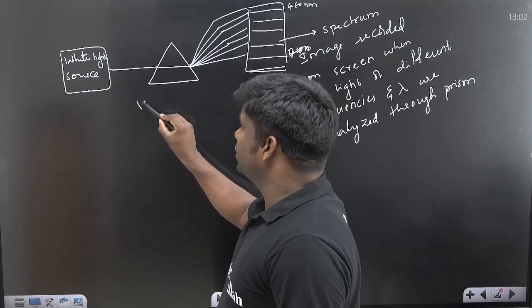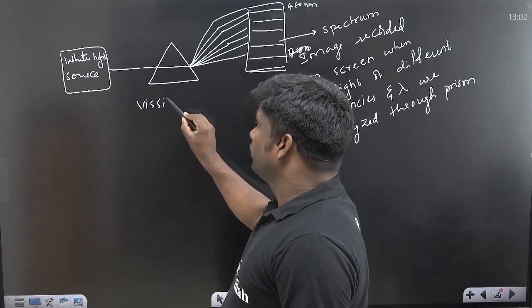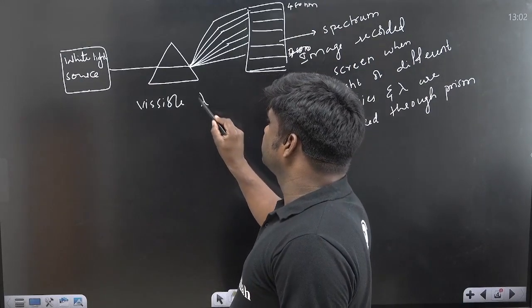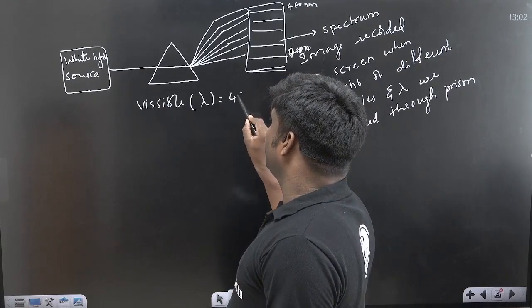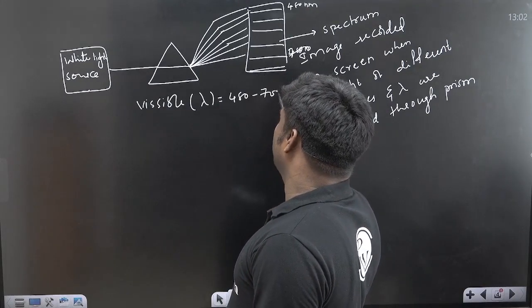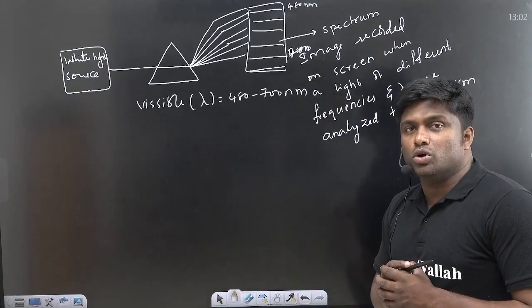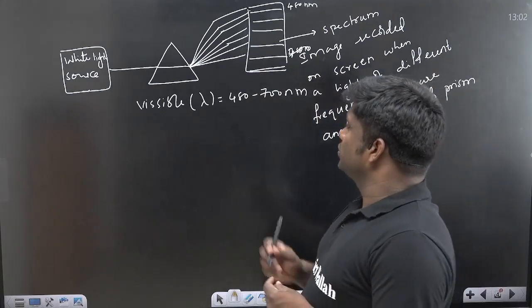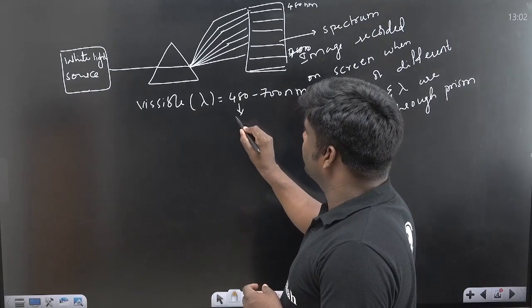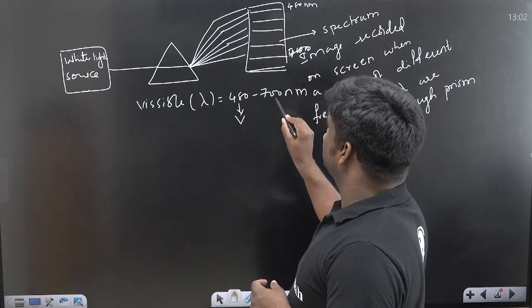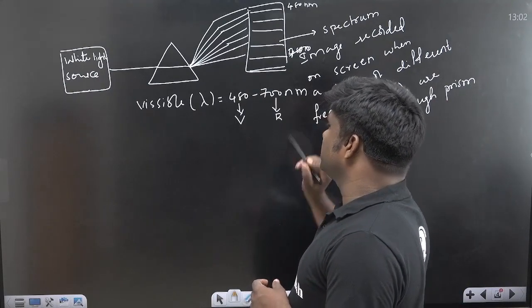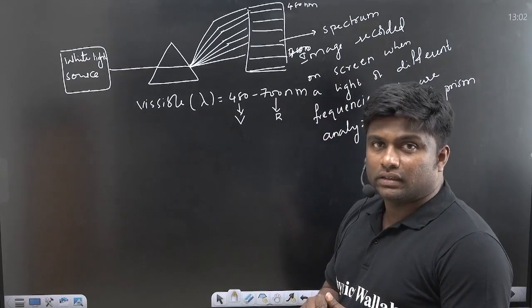Visible radiation's wavelength range is 480 to 700 nanometers. 480 nanometers is there for violet color and 700 nanometers wavelength is there for red color.